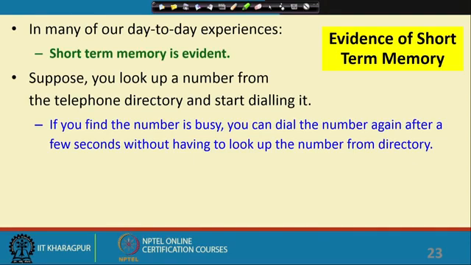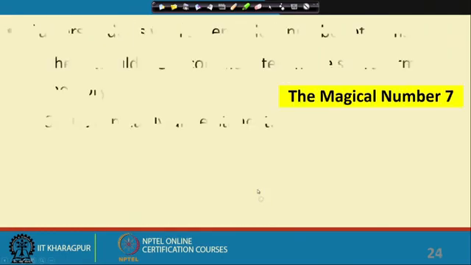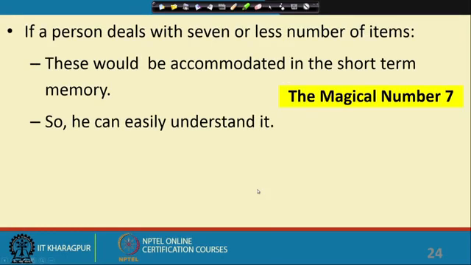But what about after several days? You will hardly remember anything. The number of items that somebody can store in short term memory is about 7, and that is called the magical number 7.